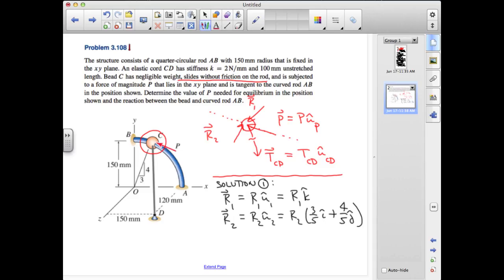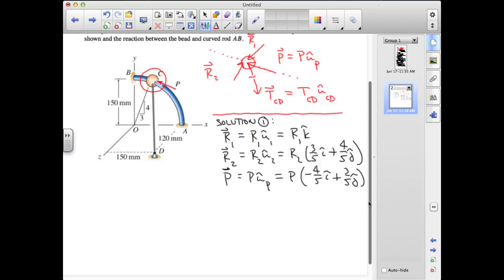We also know that the force P lies in the xy plane and is tangent to the curved rod, and so we know that in a plane, a line of action that's perpendicular to that radial direction is going to have a slope that's the negative reciprocal of the slope shown in the radial direction from O to C. And so we can write that force vector P is P on this unit vector u sub P, but that will be equal to minus 4/5 I plus 3/5 J. Now the last thing we have to do is to represent the tension in the cord, and we'll be able to get that from the geometry of the figure.